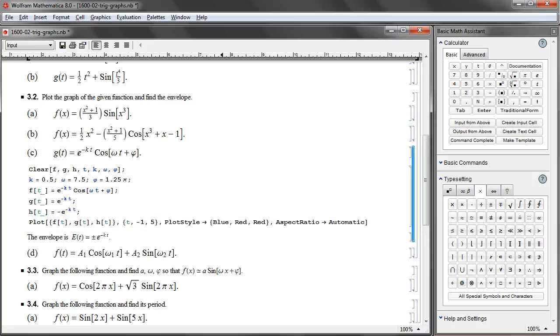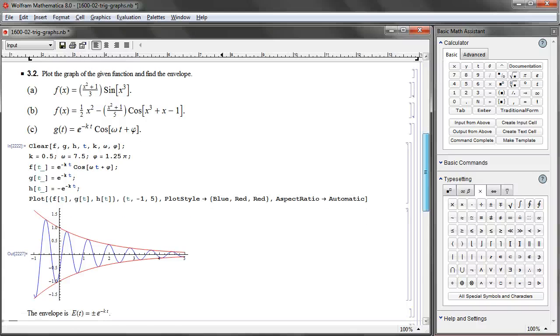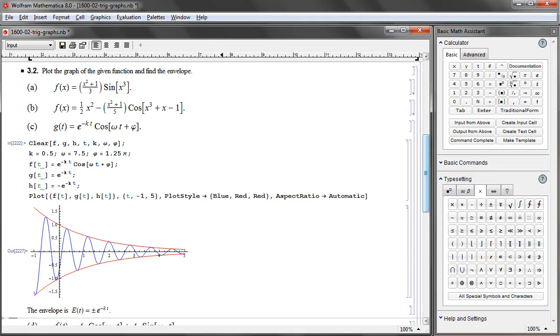This example is called damped harmonic oscillation, and this is very, very important in physics. For example, if you study an oscillating spring in some medium like water and even air, we have resistance, so slowly the fluctuation goes down to 0, and we have this kind of envelope behavior.